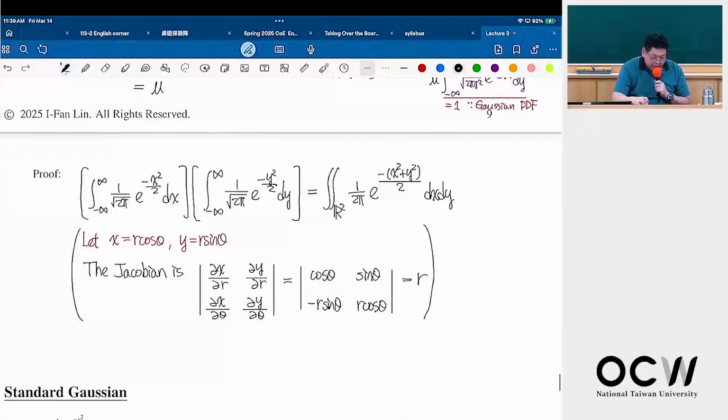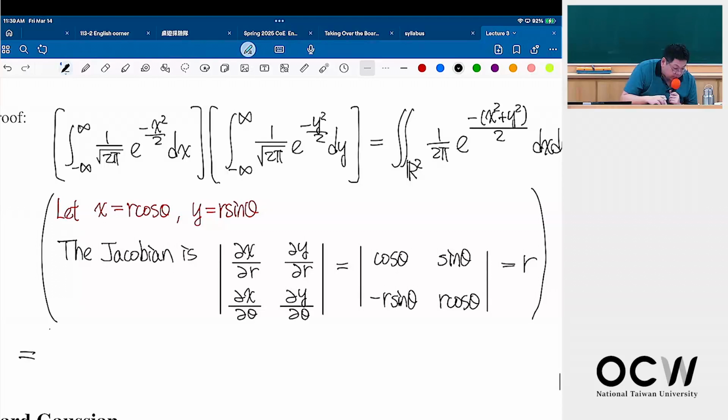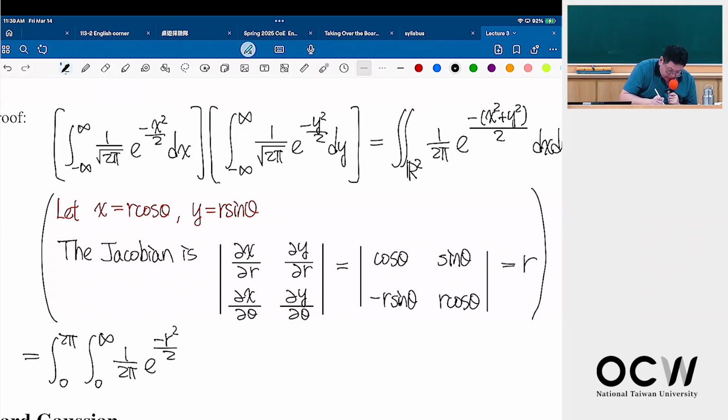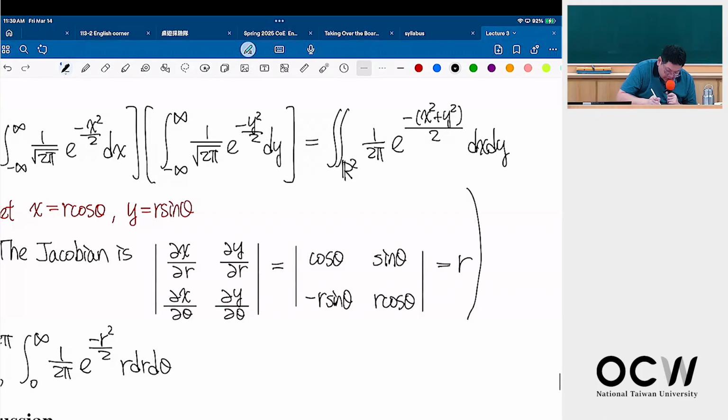Then we continue our integration. This becomes the integration for theta from 0 to 2 pi, for the radius from 0 to infinity, 1 over 2 pi e to the minus r squared over 2 times r dr d theta.